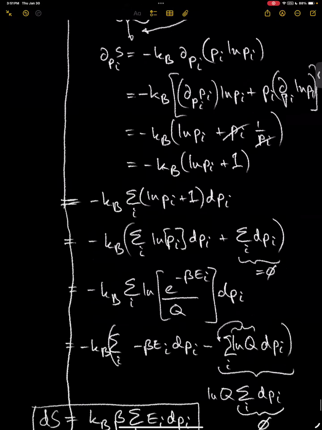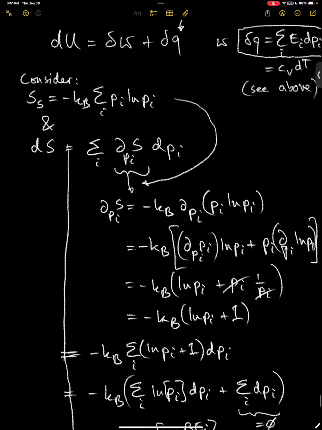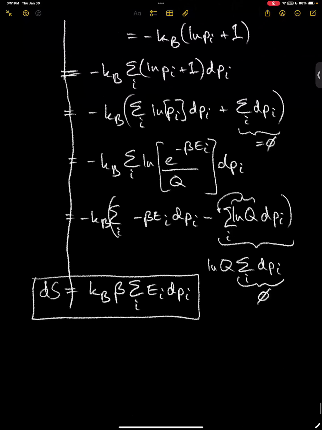We before highlighted and reminded you about our change in heat to be the sum over the energies with the variations in probability. And sure enough, you see it here on the right-hand side.